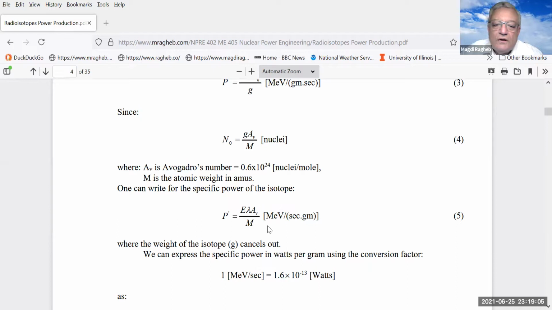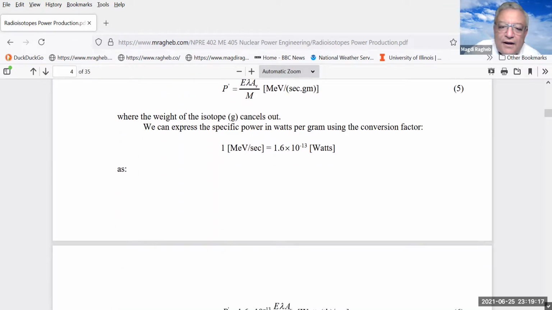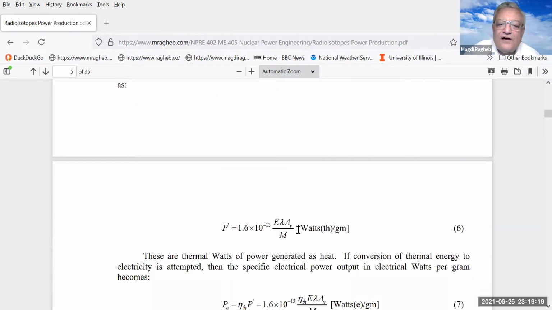So if you multiply that specific power density by 1.6 times 10 to the minus 13, then the power density would become watts per gram. So in that case, the design equation is very simple. The watts per gram is 1.6 times 10 to the minus 13, times the energy of the isotope, times the decay constant of the isotope, times Avogadro's number divided by M.